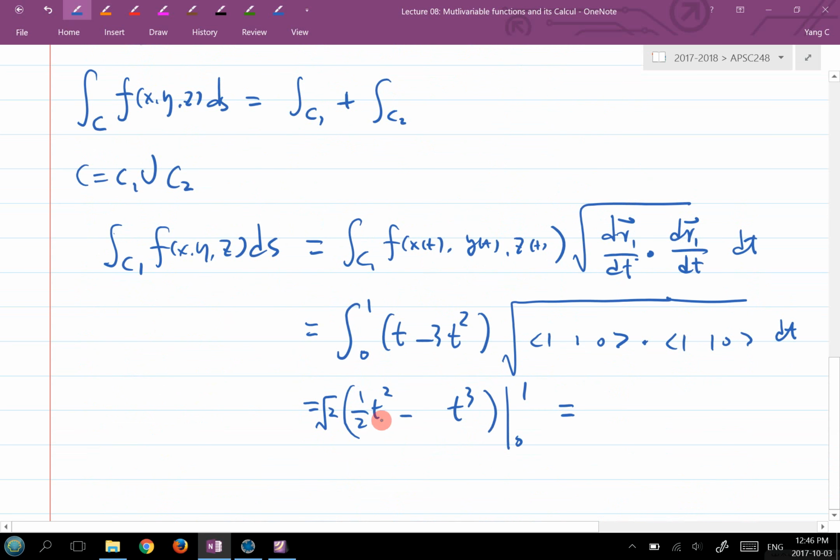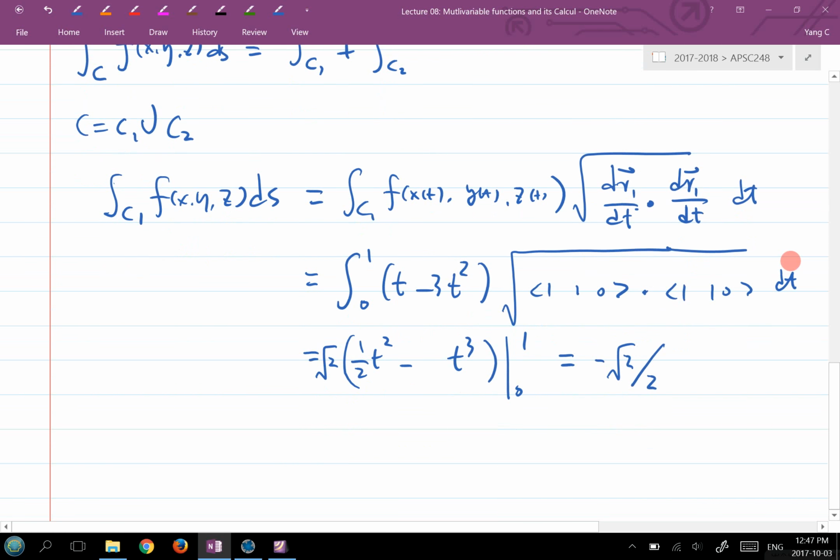So 1/2 minus 1 is negative 1/2, so negative root 2 over 2. That's the result for the first segment. And you can try the second segment with basically the same approach.